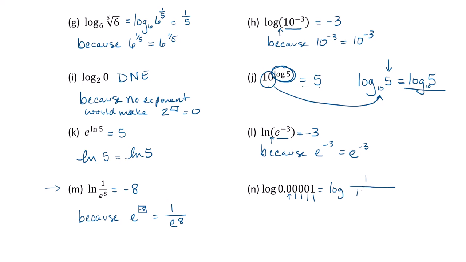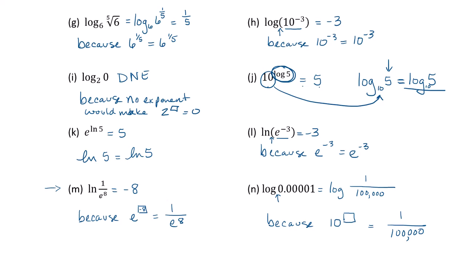So this is 1/100,000th. So if I'm looking at it that way, I want to know what exponent I place on 10, because this is a log base 10. What exponent would I put on that to make it 1/100,000? So let's just talk about positive exponents here.